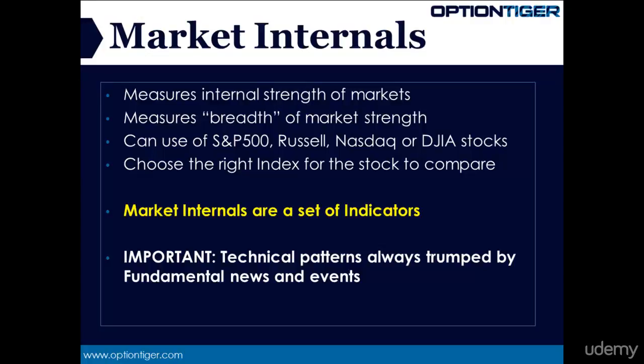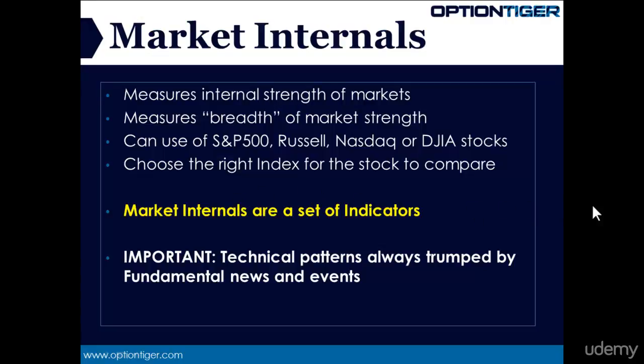So, for example, you can use these indicators on any of the S&P 500 index, or the Russell 2000, or the Nasdaq, or the Dow Jones. So we'll be going into the Thinkorswim platform, and we'll be looking at these indicators. Now, you do want to choose the right index for the stock to compare.